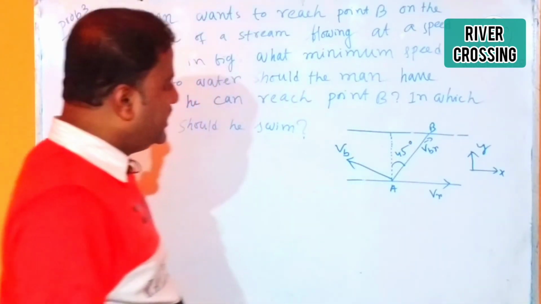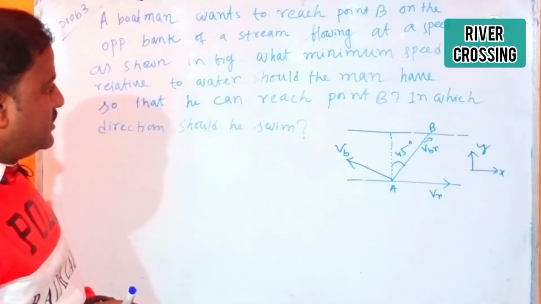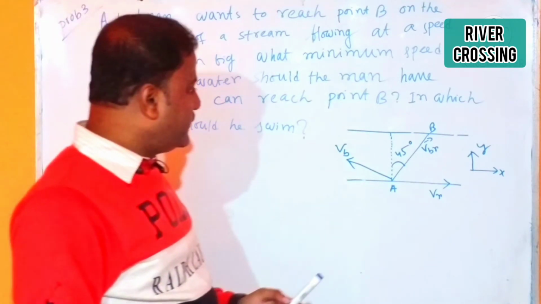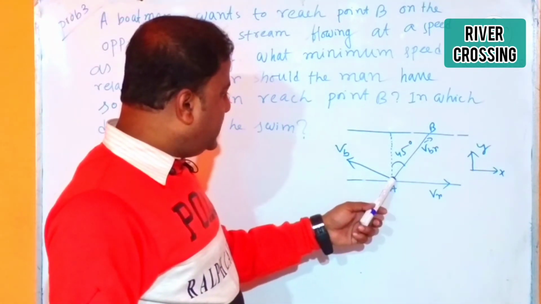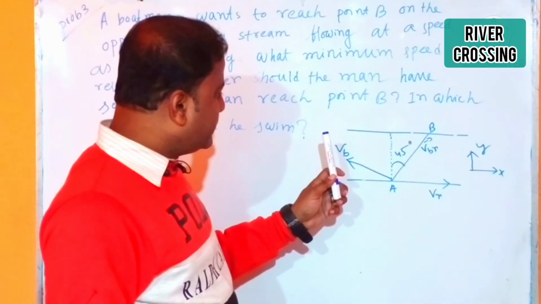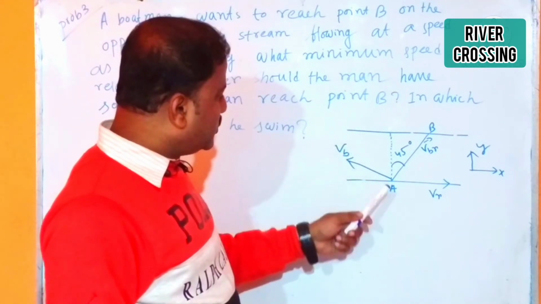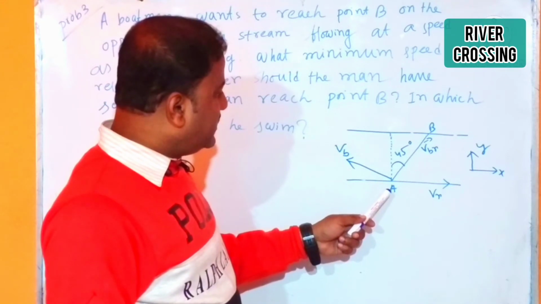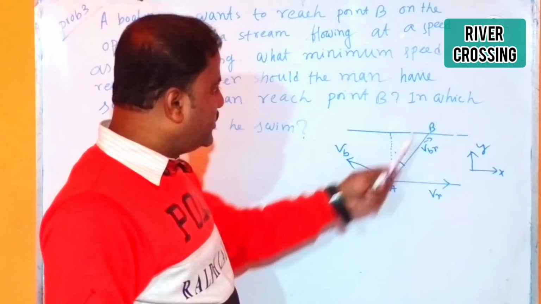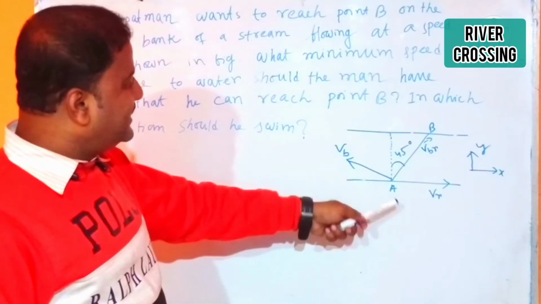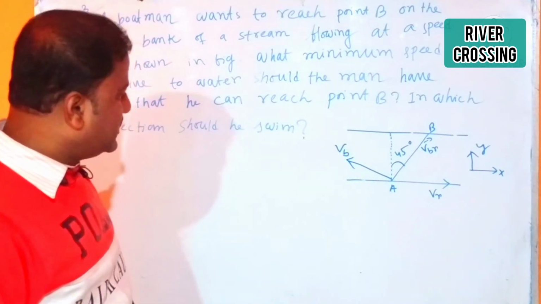This is our given situation. We have to find out the minimum velocity of the boatman, so that he can reach this point from A to B, and what will be the exact direction.